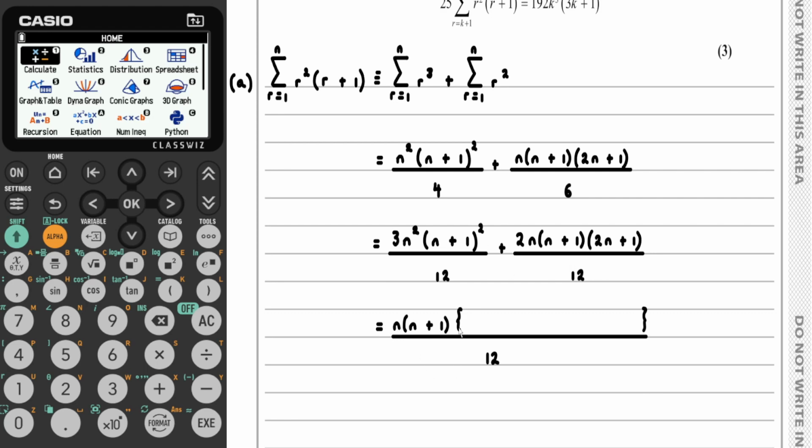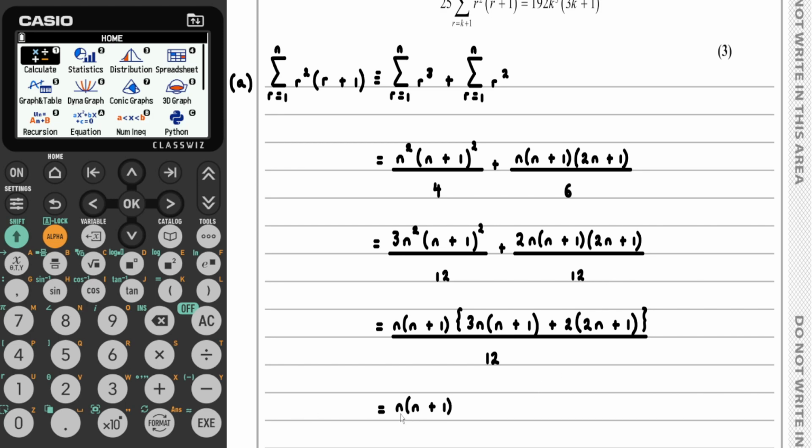And therefore we multiply this by, well here, n times n plus 1 times 3n times n plus 1 would give me 3n squared times n plus 1 squared, and n times n plus 1 times 2 times 2n plus 1 gives me 2n times n plus 1 times 2n plus 1.